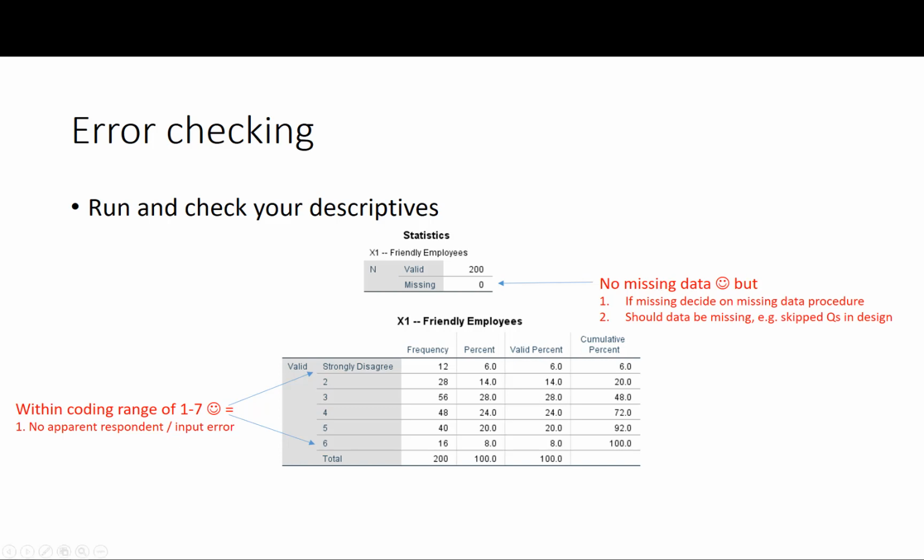So there are various decisions that need to be made. If there is data missing, what are you going to do? There are two main approaches to missing data. The first is to eliminate the respondent from the data set entirely. So you reduce your sample size by taking this approach.